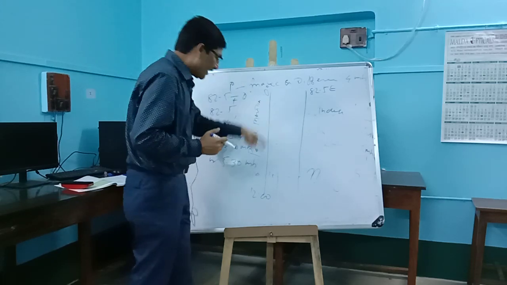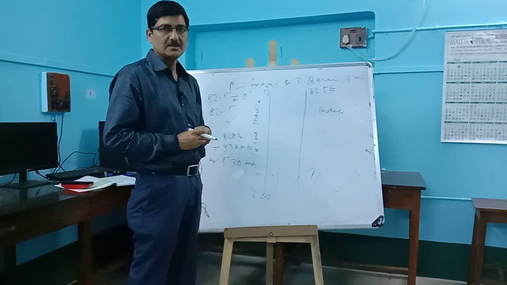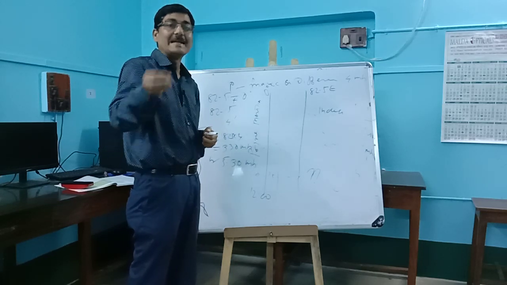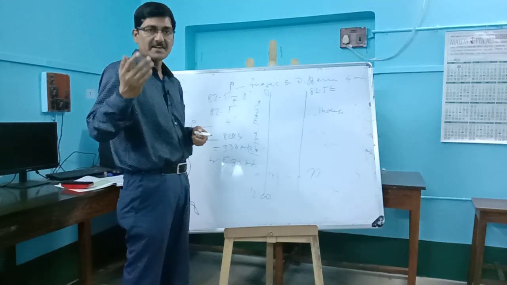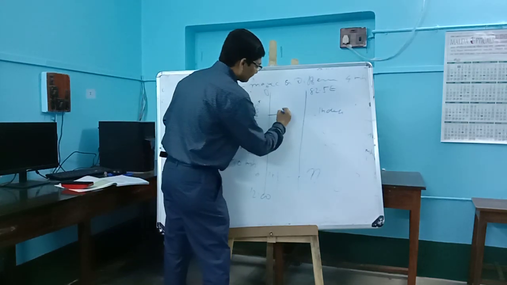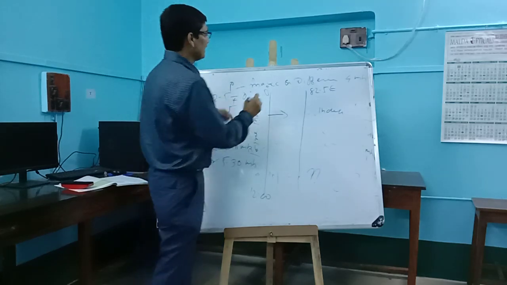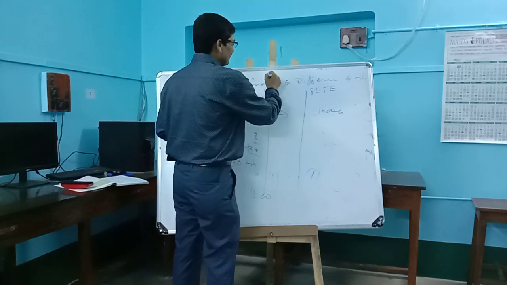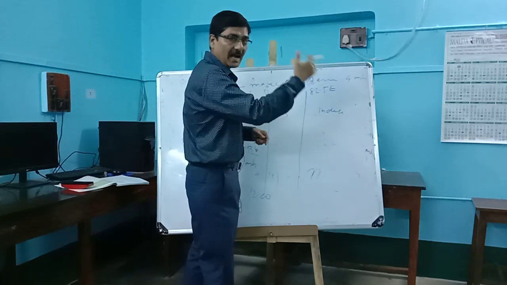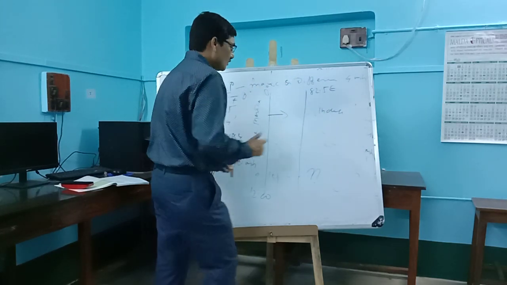Then when it is 12 noon at London, what is the time in India? Just now I told you, India is located to the east of the prime meridian, which means India will gain. We have to add the time.